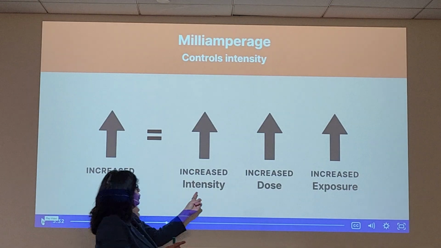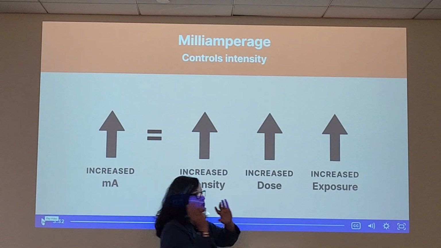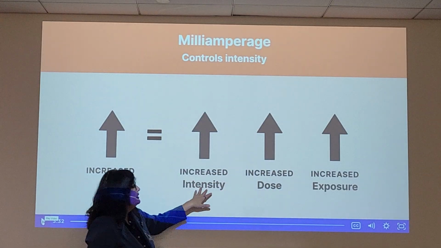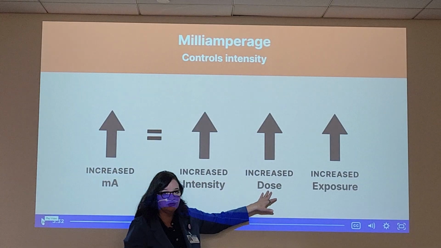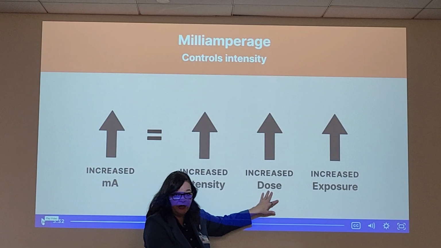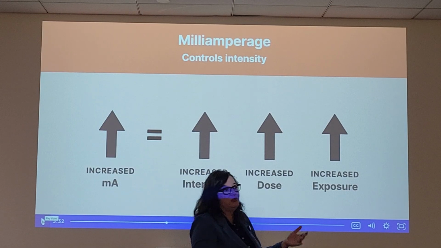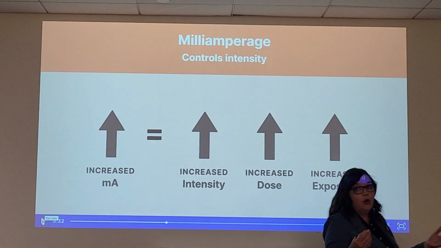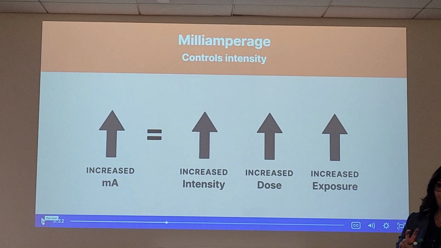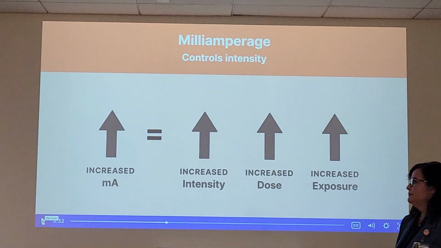We increase the quantity of those electrons moving over and then having the ability to become photons. Yes, this also contributes to dose because we're putting more photons through that patient, right? Therefore giving it more opportunity to interact within the body or attenuate through the body, right?